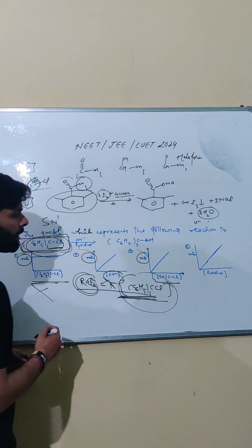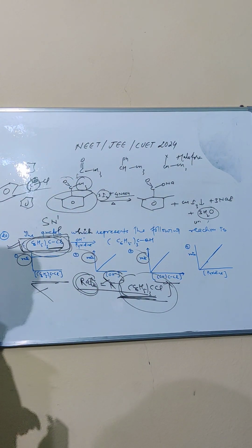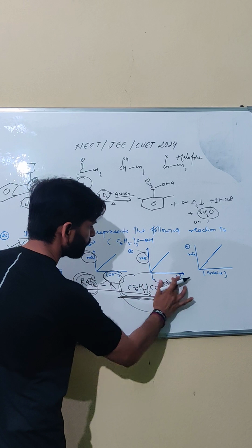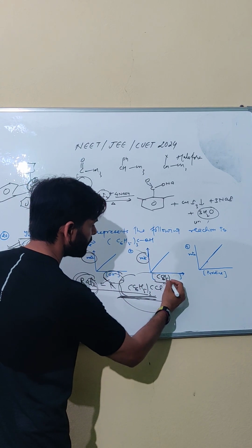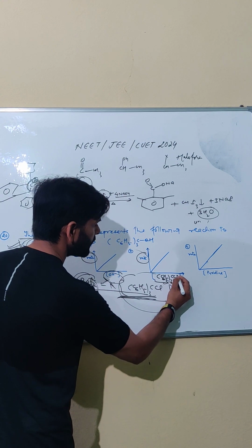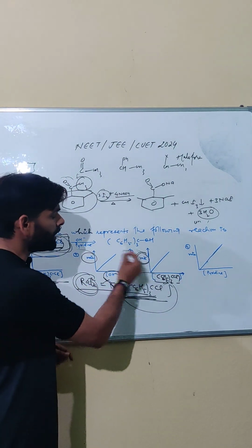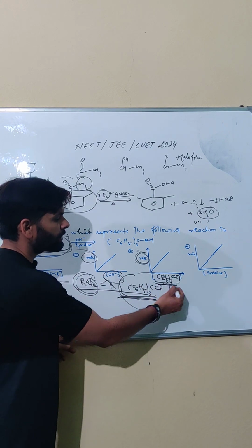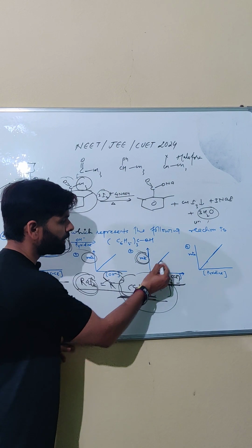Something is missing here. Here you will have (C6H5)3CCl. This will be correct, because rate will be directly proportional to the concentration of alkyl halide. When the concentration of alkyl halide increases, the rate will increase.